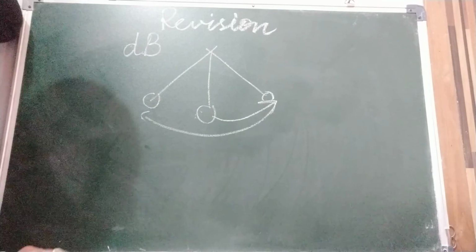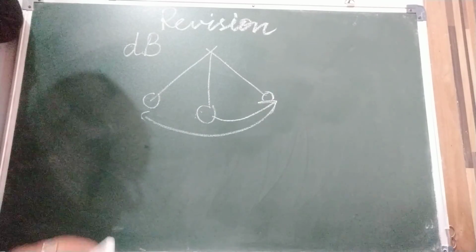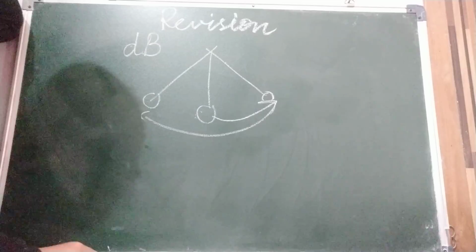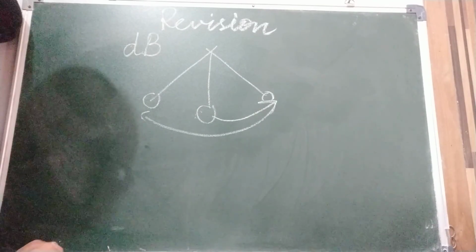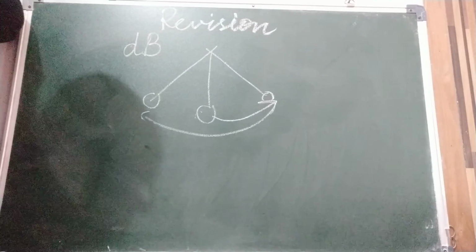Now we are going to discuss, children, chemical effects of electric current. First, what is electric current? The movement of electrons constitutes an electric current.